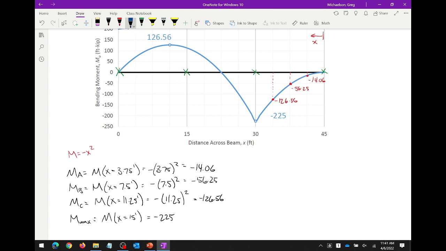Now to be clear, we take these as absolute values when we actually compute CB. And the way that we compute CB is as follows.